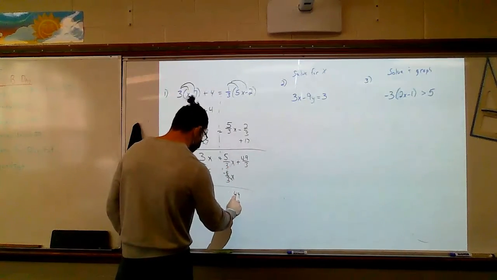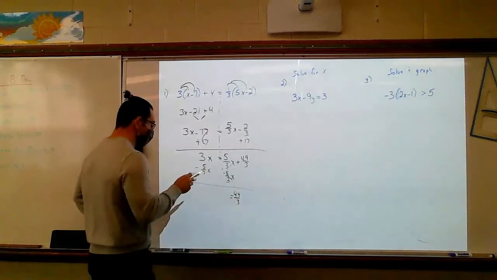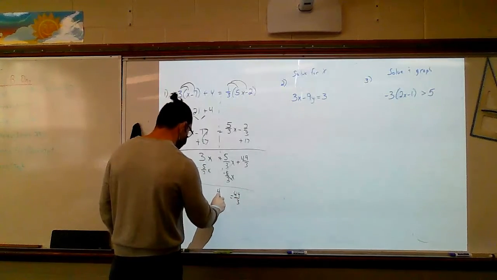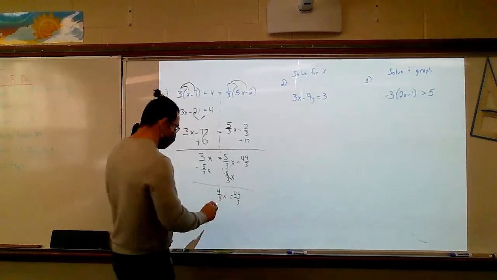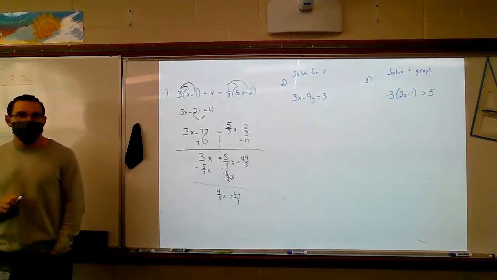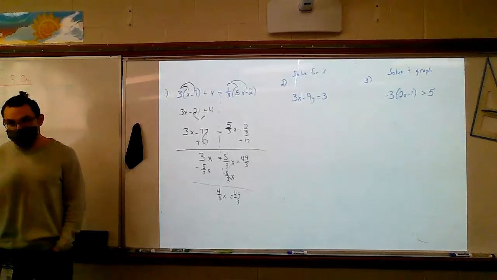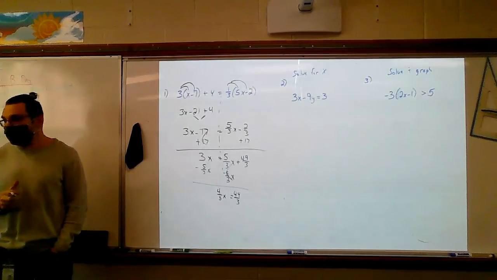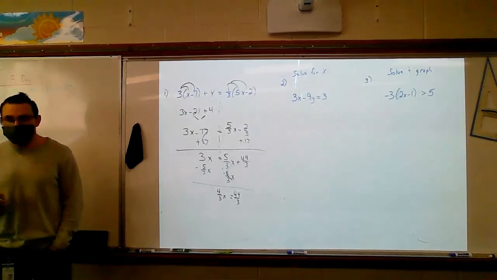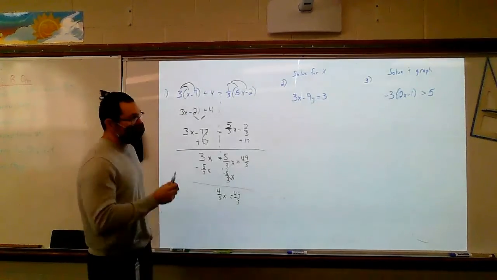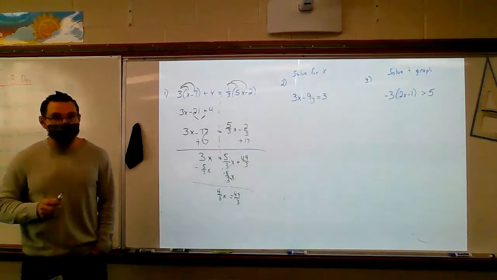That leaves me 49/3. 3 is 9/3, so that should give me 4/3 x. Still with me? And if I'm doing my math wrong, double check, do 3 minus 5 divided by 3. Should be 4/3. The last step is very similar to number 3 that we just did.